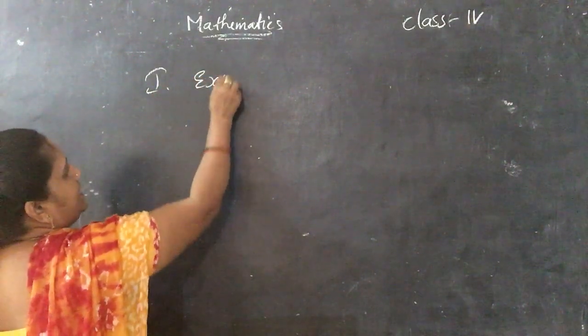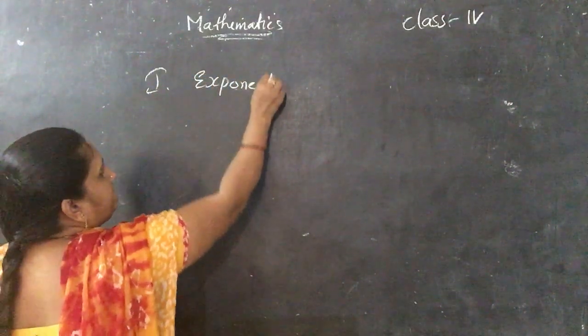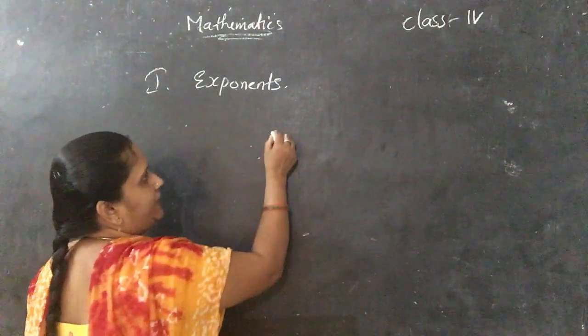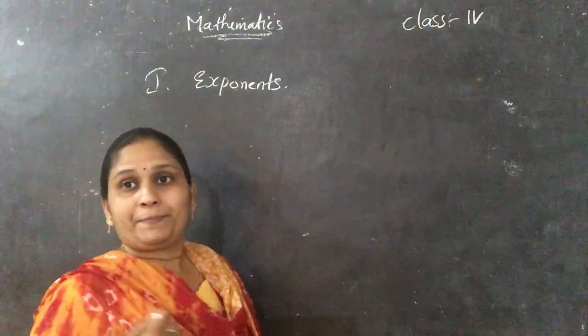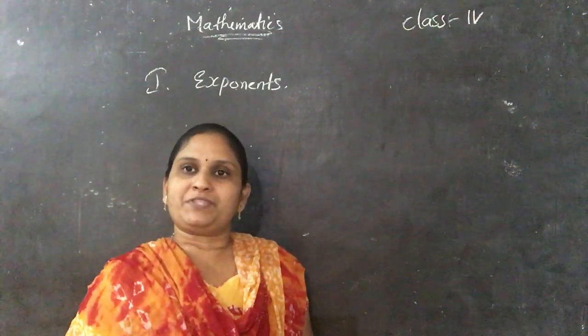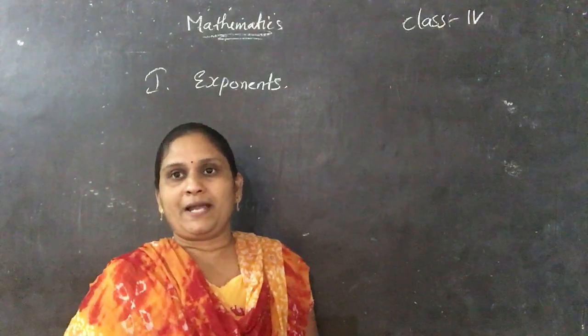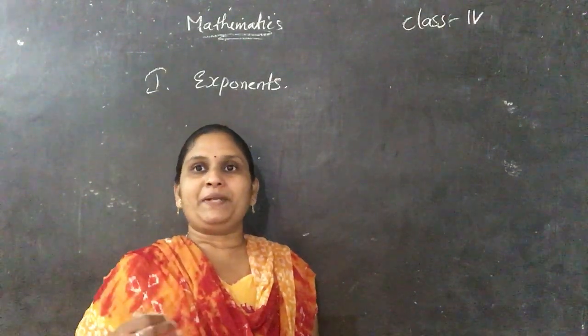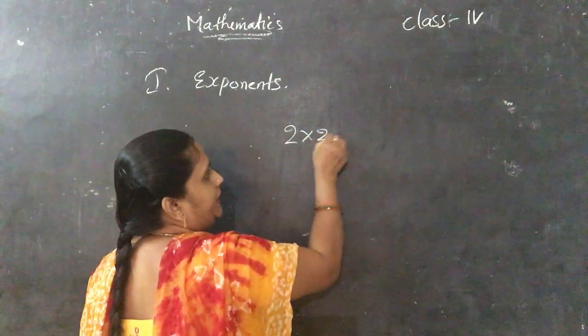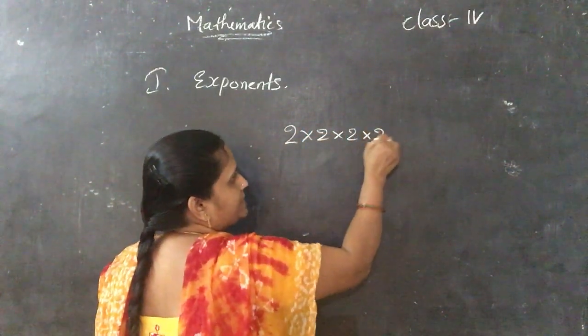Writing as exponents. It means, once look at the board, everyone. I am writing here, after doing the prime factors, sometimes 2 is repeated 5 times, sometimes 3 is repeated 4 times. For example, I am writing 2. It is repeated 5 times.